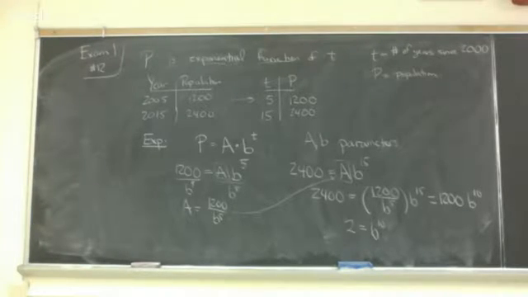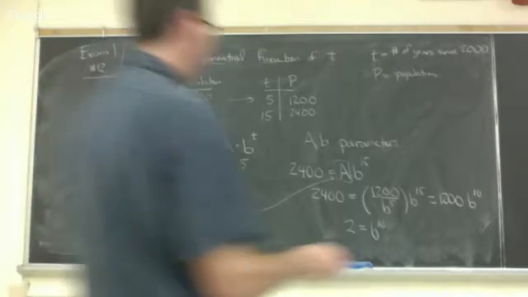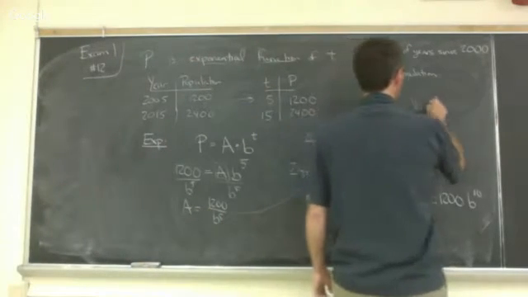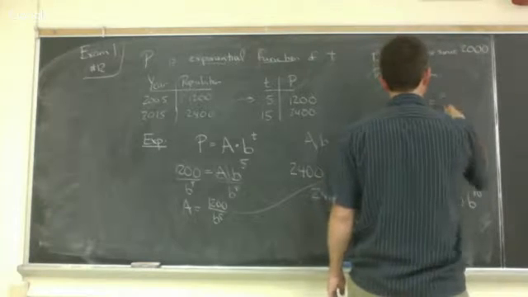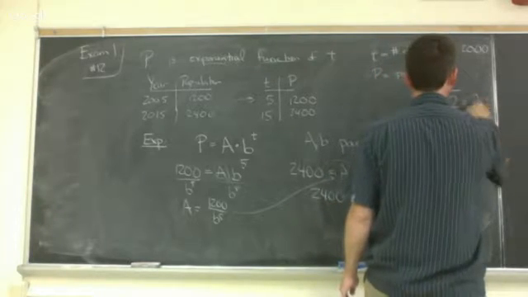What would you do if it was B squared equals 2? We take a square root, but this is the 10th power, so I take a 10th root. And so I get my base, B, is the 10th root of 2, or 2 to the 1/10.